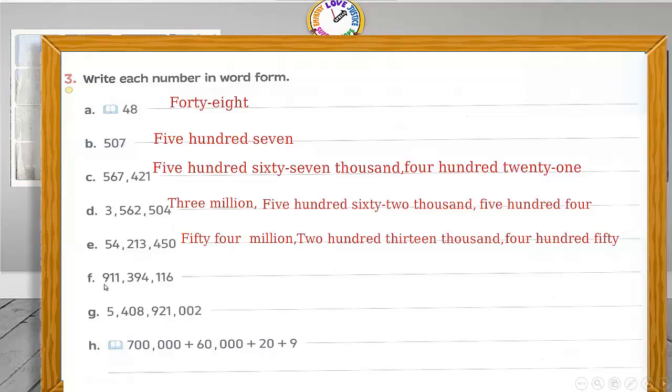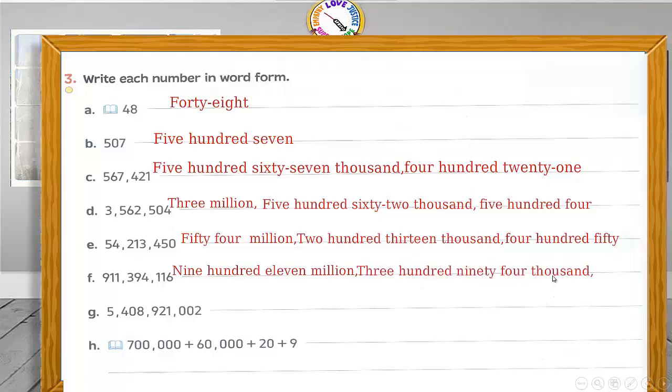First period 911 million, write like this, 911 million. Second period we have in thousands 394,000. 394,000. Last period we have 116, write 116. If you read the number before you write or when you write, you can write quickly.